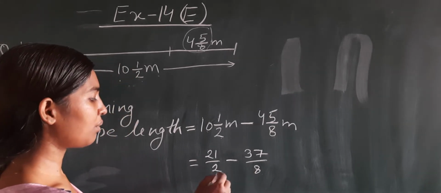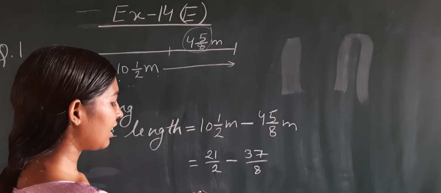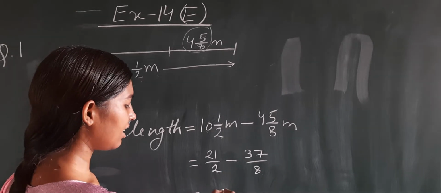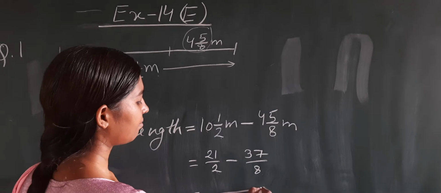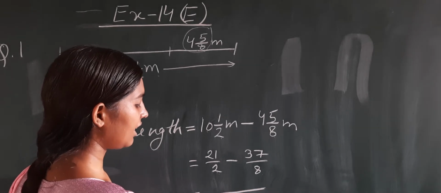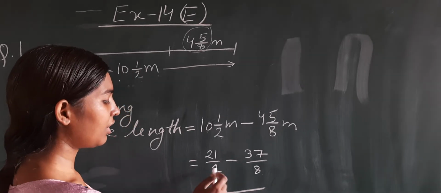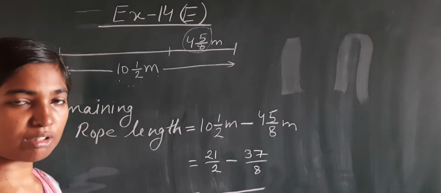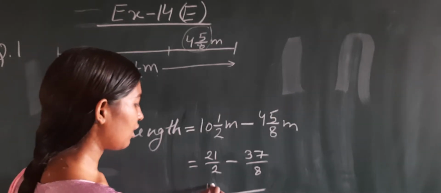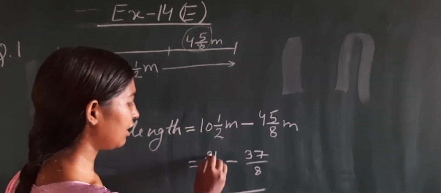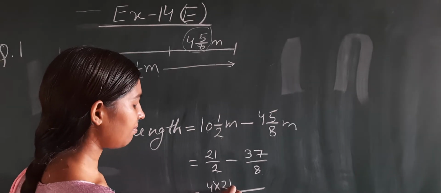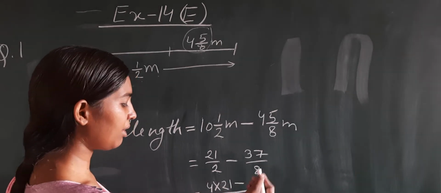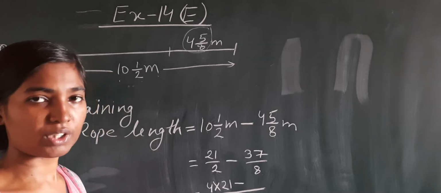Now take the LCM of 2 and 8. The LCM will come as 8. In the 2 table, how many times does 8 come? It comes 4 times. So 4 into 21, minus, in the 8 table how many times does it come? 1 time.